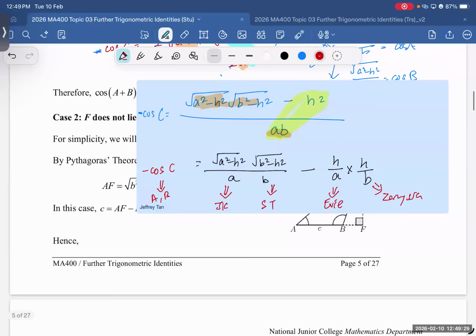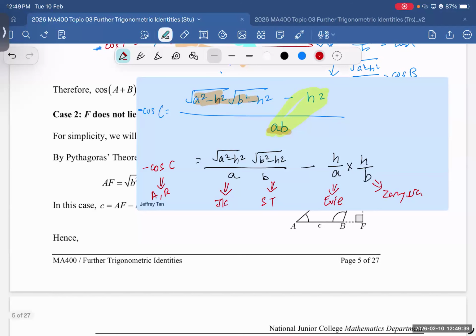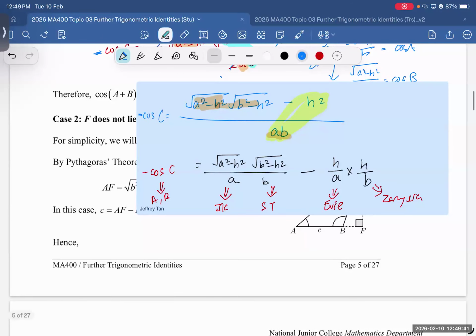Jamie, your question might be a bit vague, but okay, in terms of A and B, what would the trigo function be? Okay, remember A plus B plus C is 180, right?